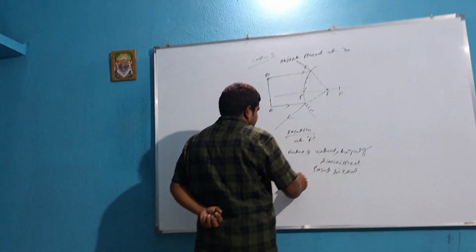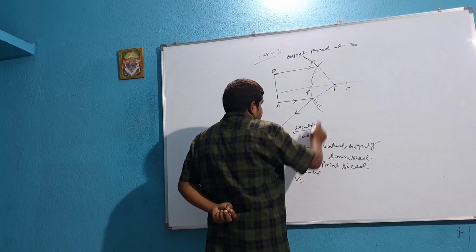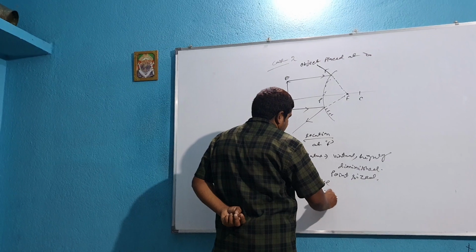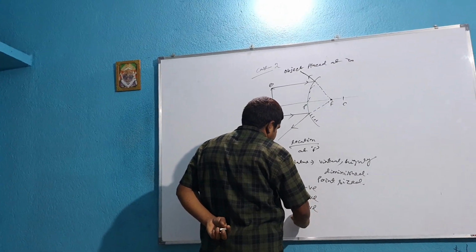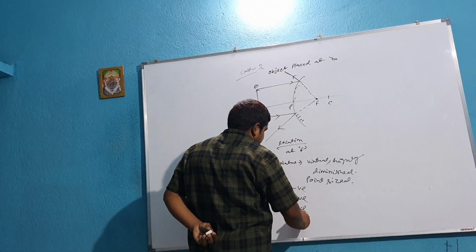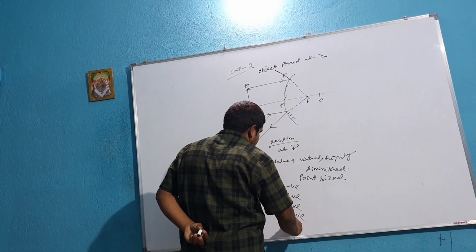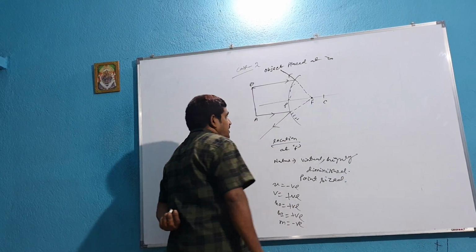U is negative, V that is image is positive, height of the object positive, height of the image positive, magnification very small, so it is negative.